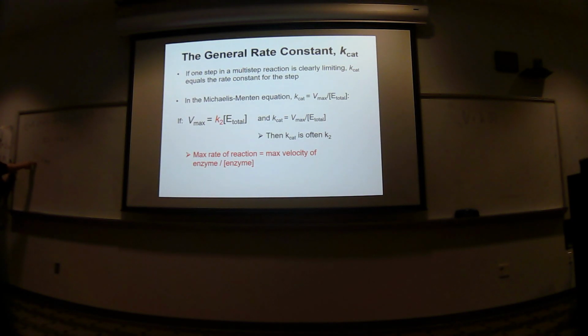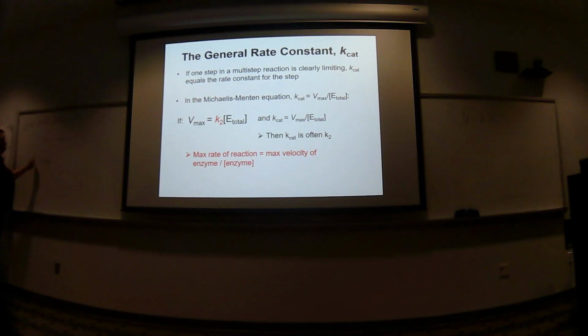And so if we want to measure the K value, an easy way of doing it is that when you have ES saturated, what kind of rate value have we reached? What rate value have we reached when ES is saturated?